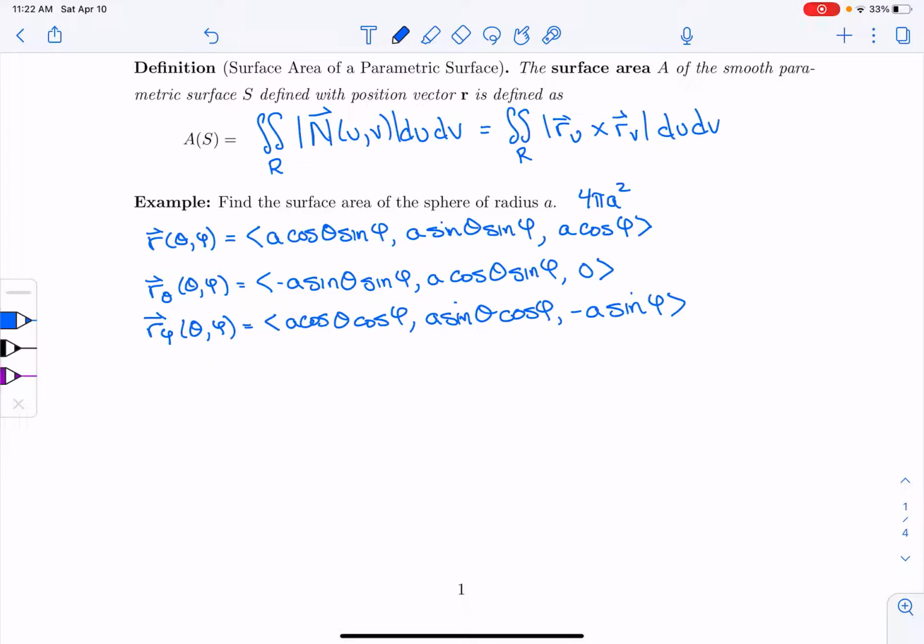So that gives us our two tangent vectors, but then what we want to do is integrate the magnitude of the normal vector. So first I have to find the normal vector. The normal vector is going to be r theta cross r phi.